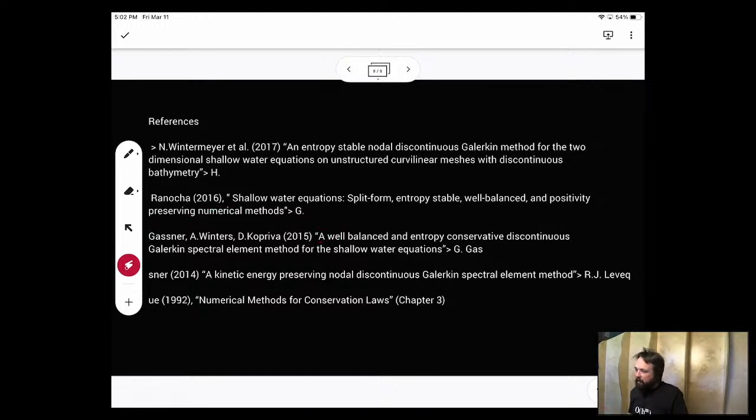And from this 2015 paper, there was a couple bits of follow-up between folks who work together in this community, particularly Hendrik Ranocha and Nicholas Wintermeyer, 2016-2017, where they expanded that same kind of methodology to 2D systems.